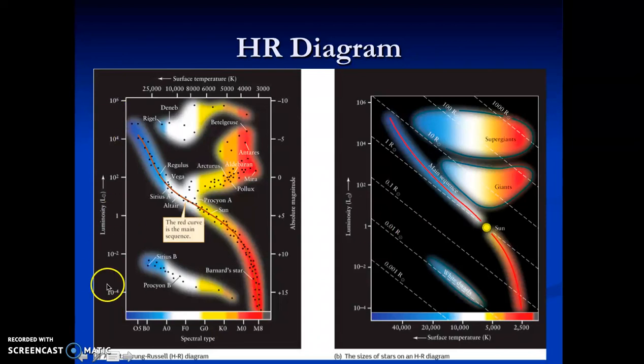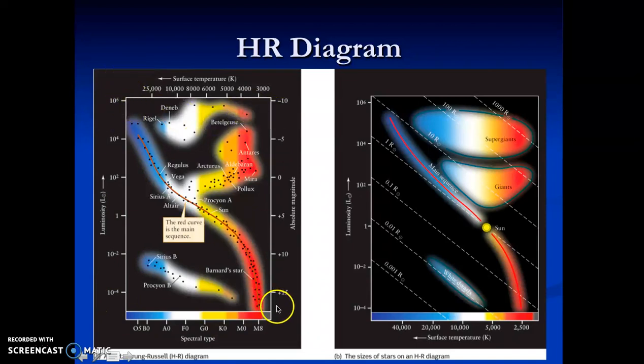Notice that this plot is luminosity, with greater luminosity at the top and lower luminosity at the bottom, versus spectral type, and on top, temperature. Because remember, spectral type and temperature go hand in hand. On this plot over here, it's surface temperature. So M stars are cool, O and B stars are hot, and we go from low luminosity to high luminosity.